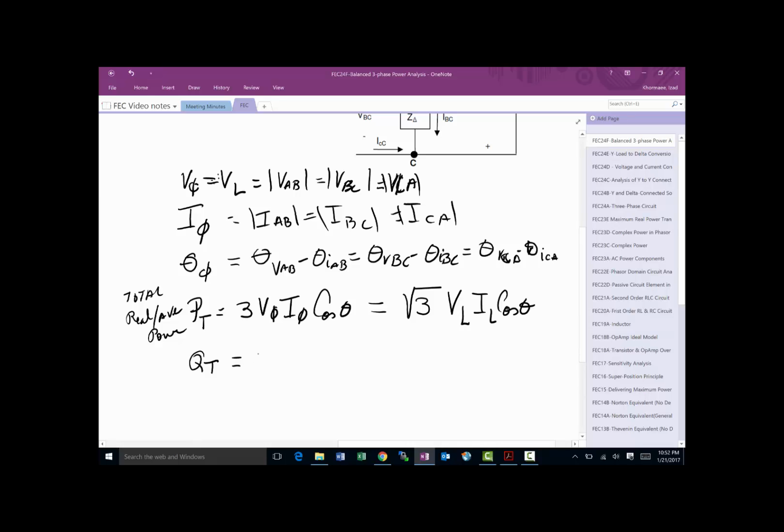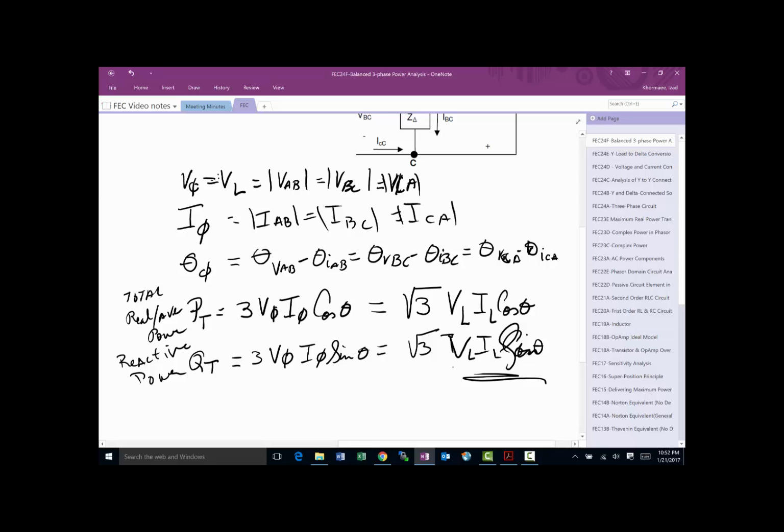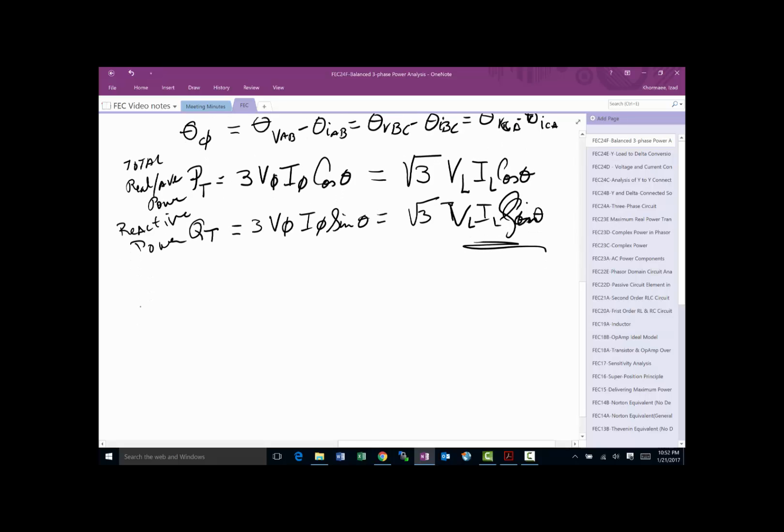So in the case of reactive power, Q T is going to be 3 V phi I phi sine of theta, or square root of 3 V L I L, cosine theta. I'm sorry, sine theta. This is the reactive power. Then of course the total complex power is going to be the same as before.